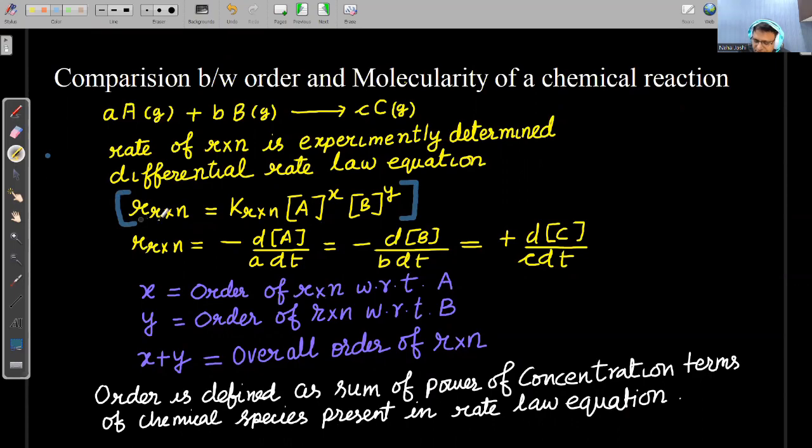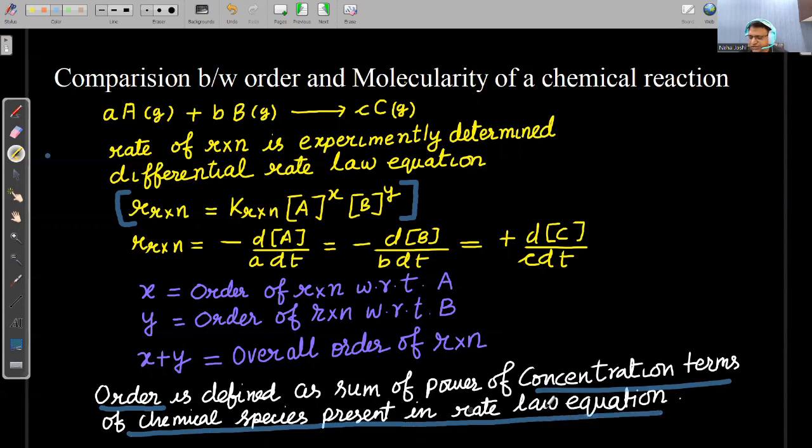It is not always necessary that the concentration terms in the rate law equation are reactants. Sometimes it is possible that a product will come, or that a catalyst will come. That's why, while defining order of reaction, we say that it is the sum of powers of concentration terms of chemical species present in the rate law equation.